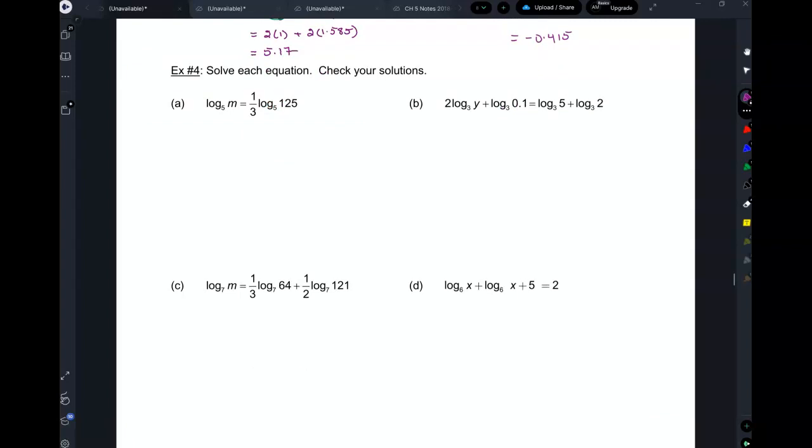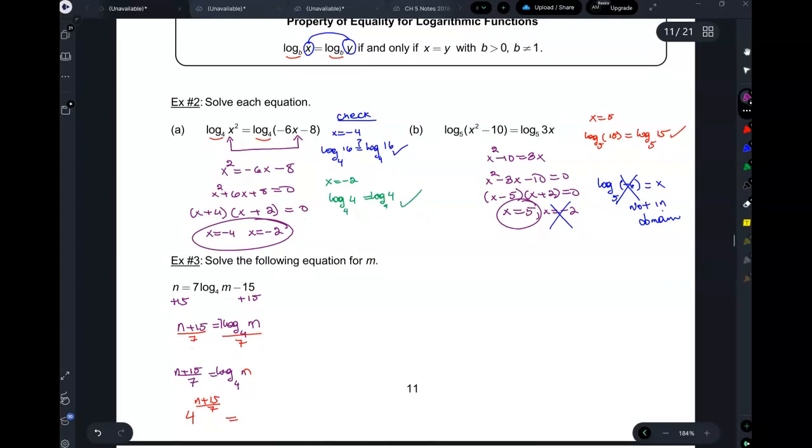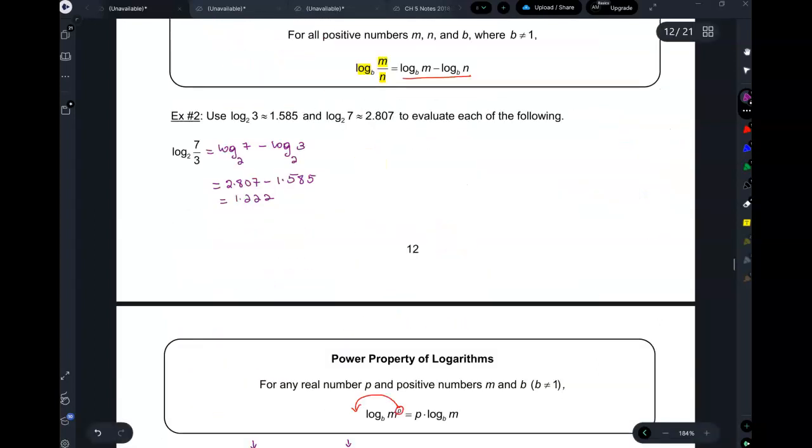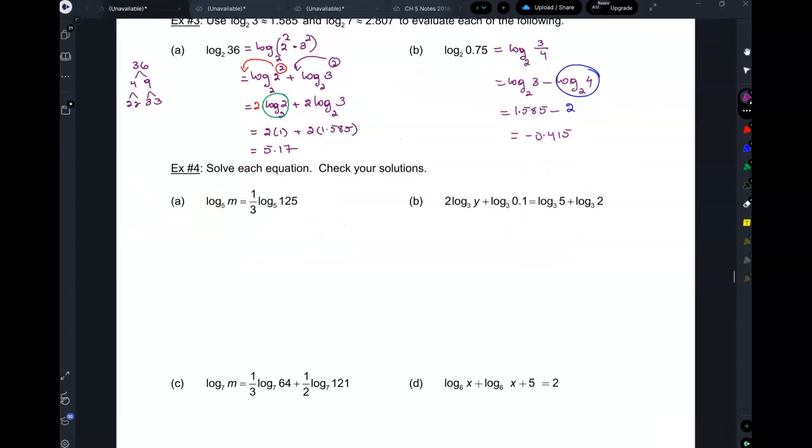To solve the equation, remember what we were doing before: if you have identical logarithms on both sides, you can set the stuff inside equal to each other. Well, here, take a look. I have log base 5 of m. Here, the 1/3 is kind of getting in the way. I kind of have to get rid of that. So I'm going to use that product property in reverse. I'm going to take this and make it an exponent.